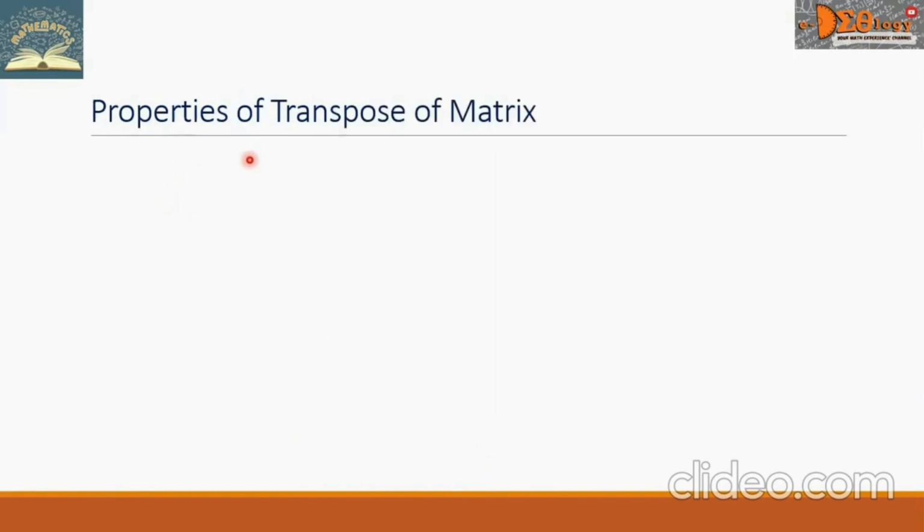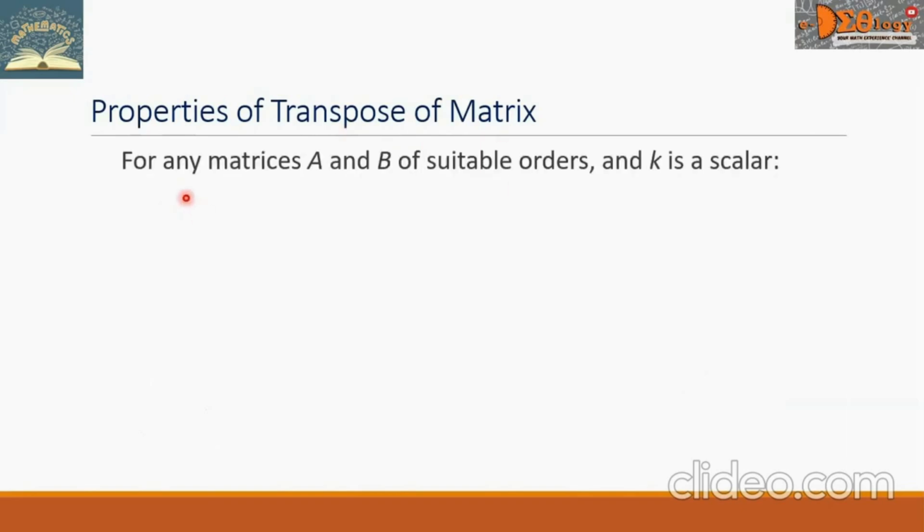Here are the properties of transpose of matrix. For any matrices A and B of suitable orders, and K is a scalar. First property, the transpose of A transpose is equal to A. Second, the transpose of the sum A plus B is equal to A transpose plus B transpose.